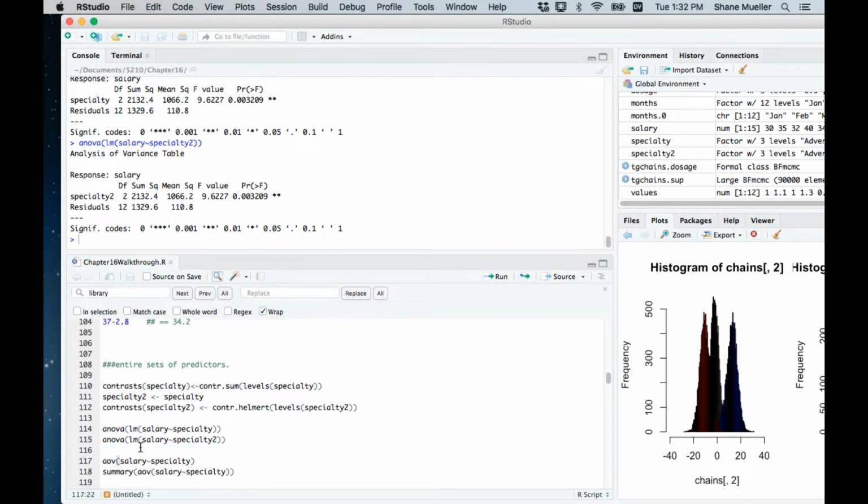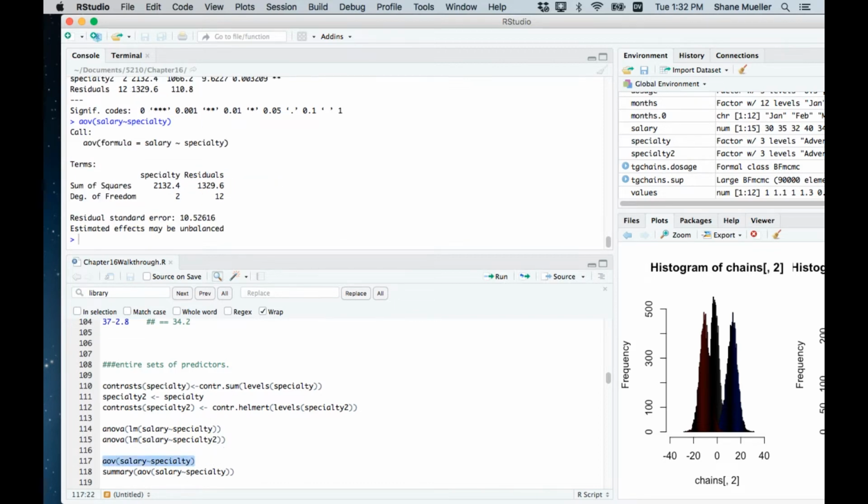Now there's a shortcut to doing this. Instead of putting ANOVA inside LM inside of ANOVA, you can shortcut this with AOV. This stands for ANOVA, but it's a factorial ANOVA or a one-way ANOVA function.